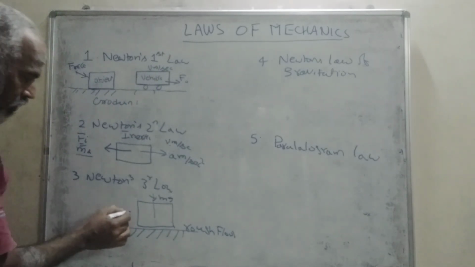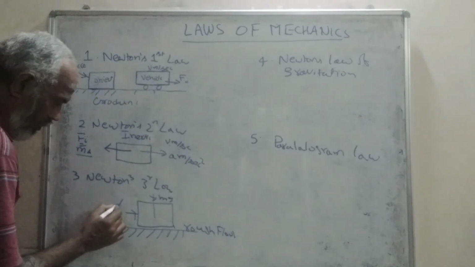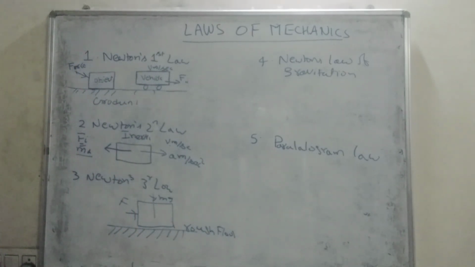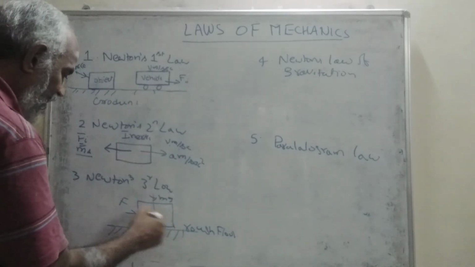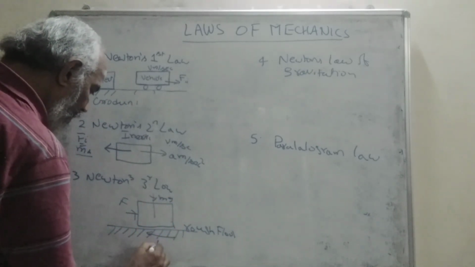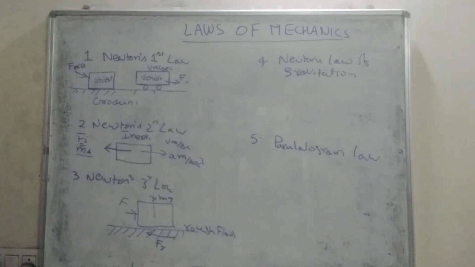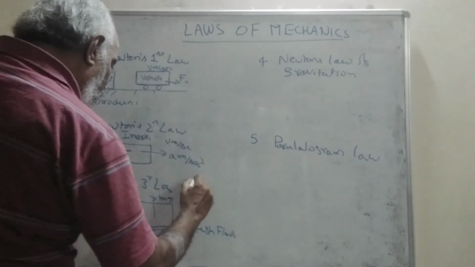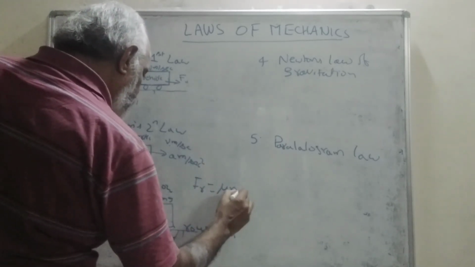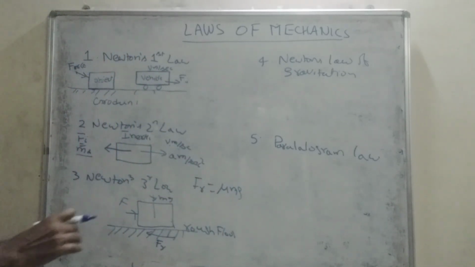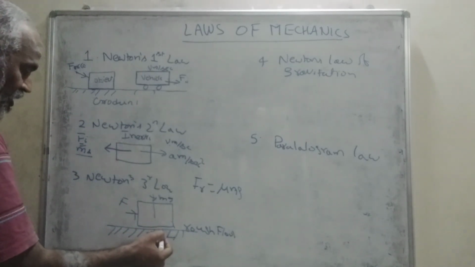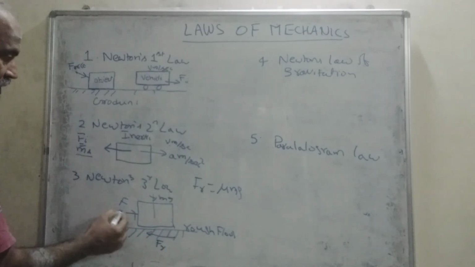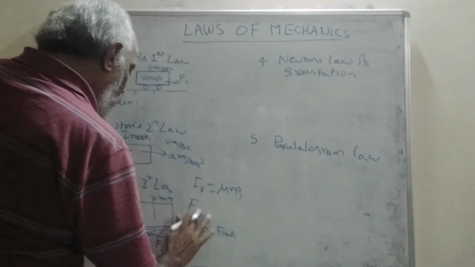So, if you apply force F to this particular object, this particular mass will not immediately move. It will resist this force by frictional force, Fr. The maximum value of frictional force, Fr, is equal to mu into mg. So, till the resistance force becomes Fr, F is equal to Fr.